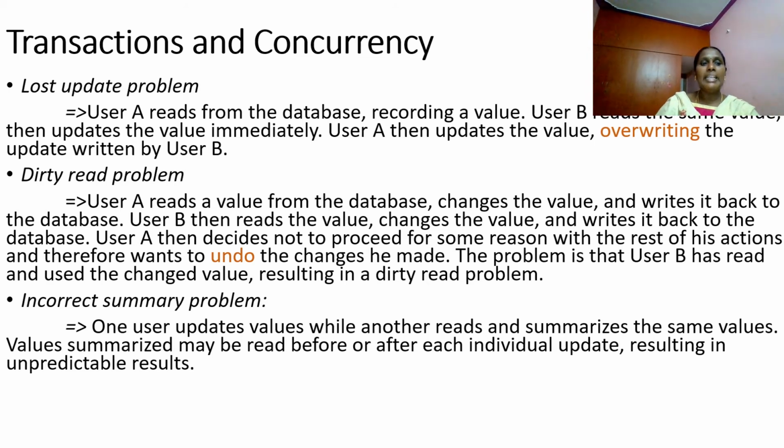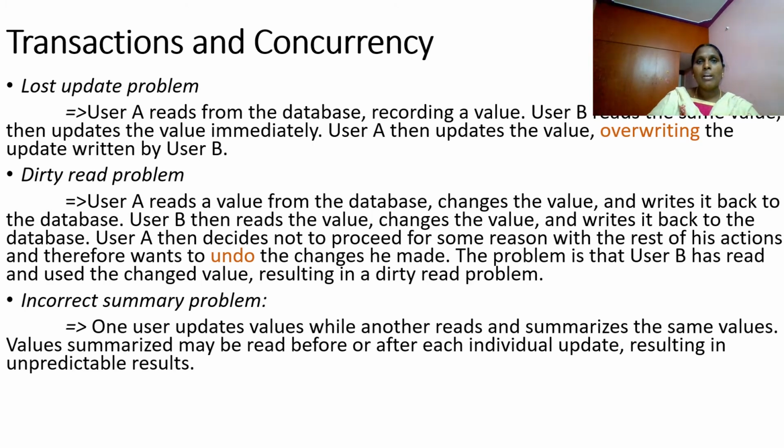Next is the incorrect summary problem. It means one user updates values while another user reads and summarizes the same values. For example, you are updating a purchase bill or sales bill in your system, and you have 10 products in your bill. When you are updating 5 products, in between some other user takes a report from that table.